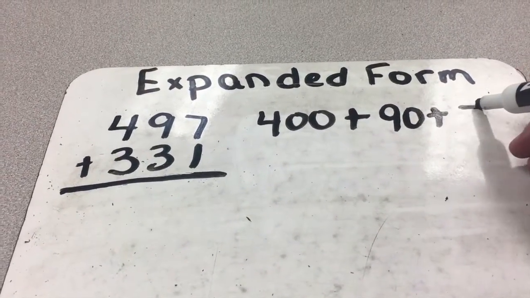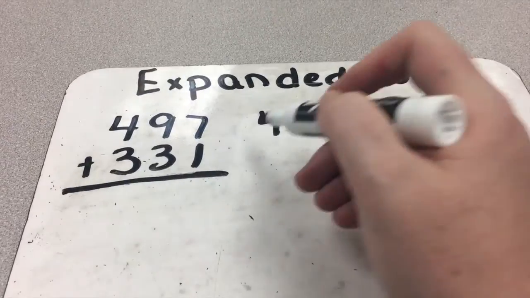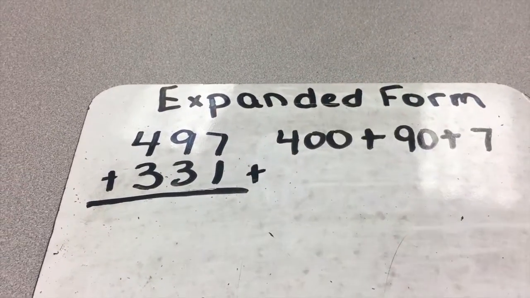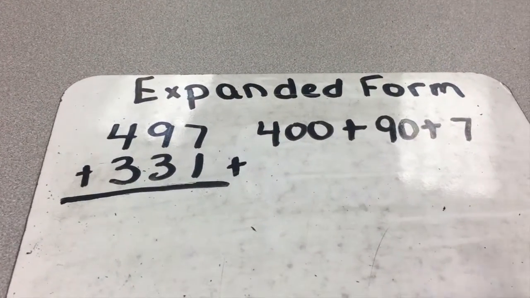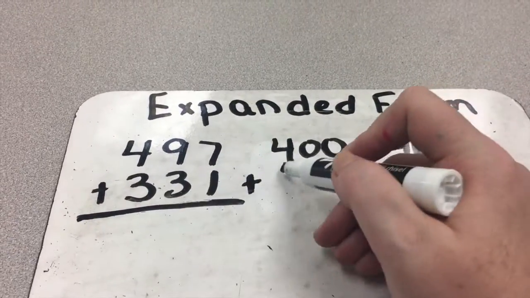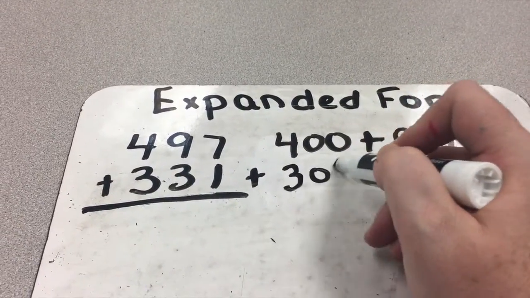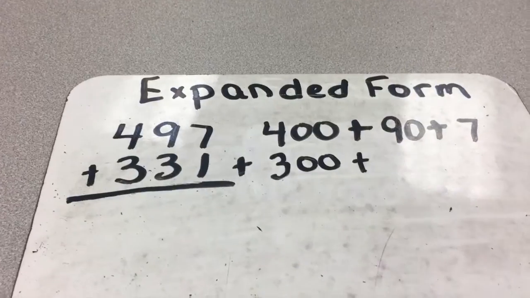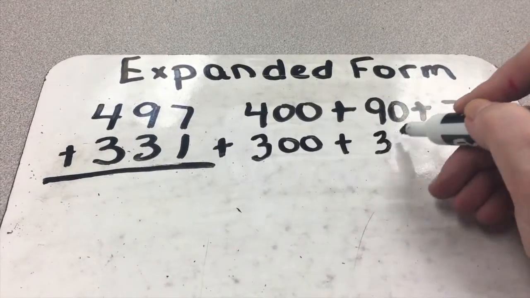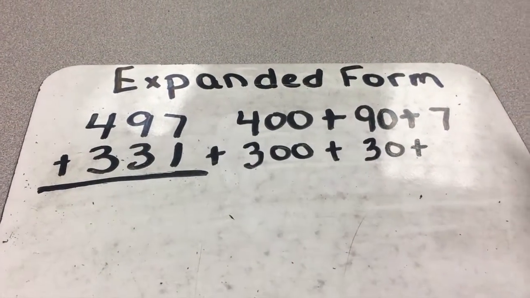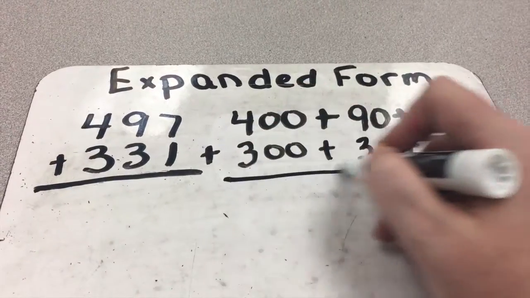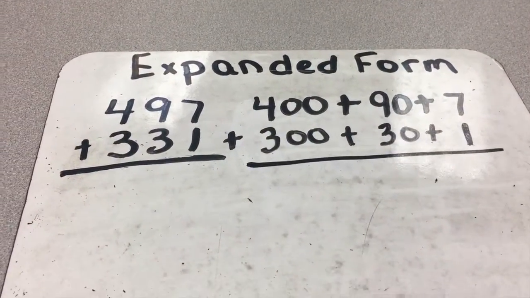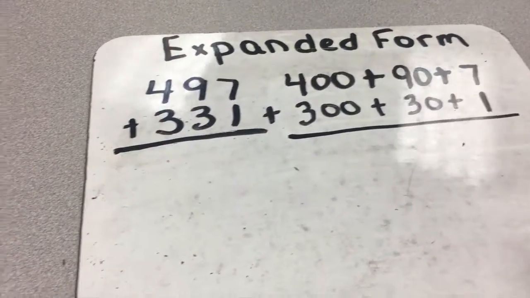The value is 7. Then I'm going to do the same thing to my next number, 331. 3 100s equals 300 plus 3 10s, that equals 30, plus 1 1 equals 1. Now we're just going to combine those.